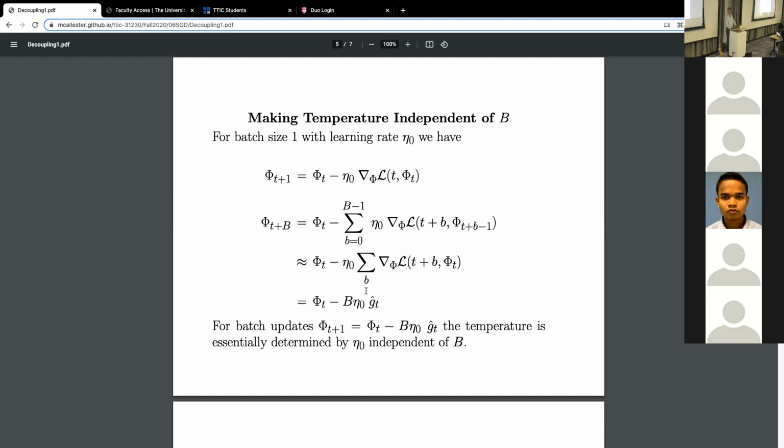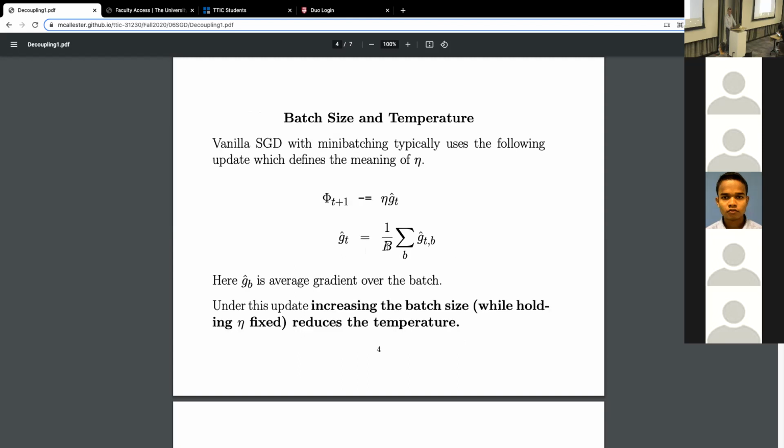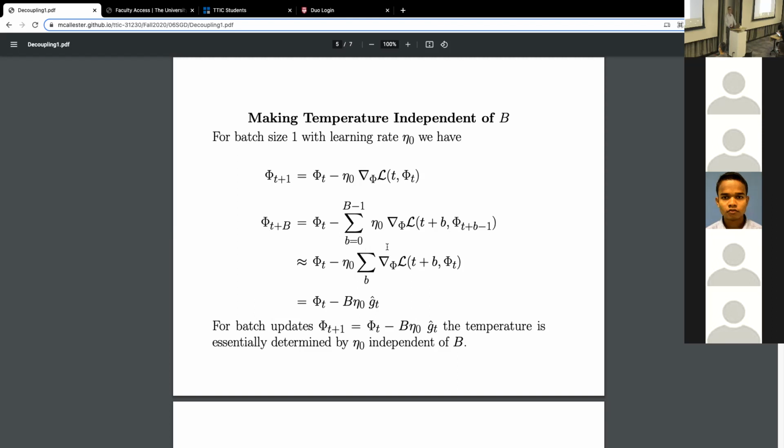The argument is that if there's a learning rate that's optimal for batch size 1, call that eta 0, and you want to run at the temperature corresponding to eta 0, then taking the update over the batch is very much like taking batch size updates for each batch element. And that corresponds to multiplying eta 0 by B to cancel out this 1 over B here. Did that answer your question? Yeah.